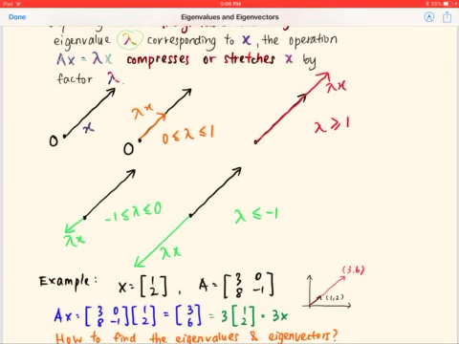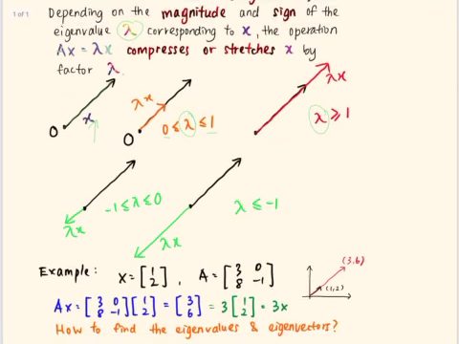Now here I showed you 4 possible cases. When your lambda value is between 0 and 1, multiplying the original vector X by lambda gives a new vector that is shorter than the original one. But if your lambda is larger than 1, the new vector, the red one here, lambda X, will be longer than the original vector.